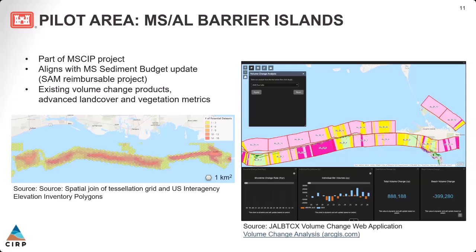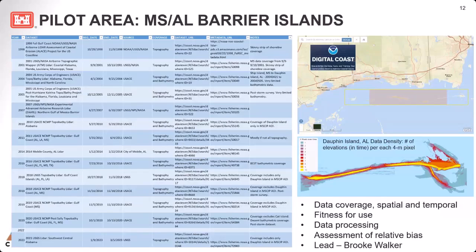We have a data inventory compiled for this area already. There's a bunch of data sets listed on that table, which will be hard to read on your screen, but in the data inventory, we're making note of important information, such as the beginning and the end date associated with the data set, where the data set comes from, and what the data coverage is primarily.